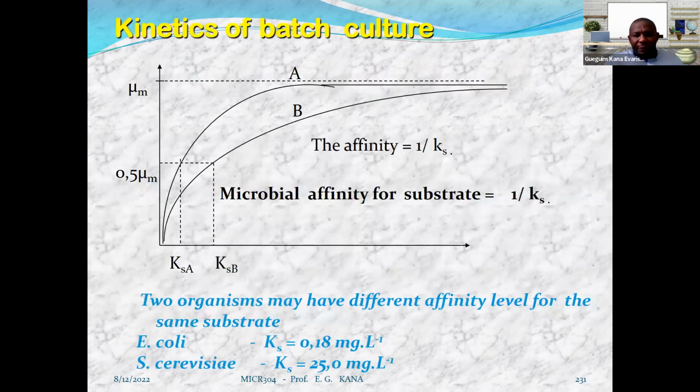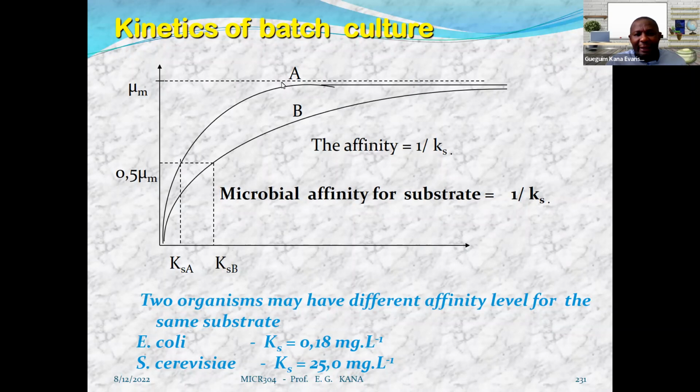Okay, based on the slide that you have on the screen right now, the slide says two organisms may have different affinity levels for the same substrate. Let's take the case of E. coli and S. cerevisiae, two microorganisms. Now, please listen attentively and interrupt if you don't understand.